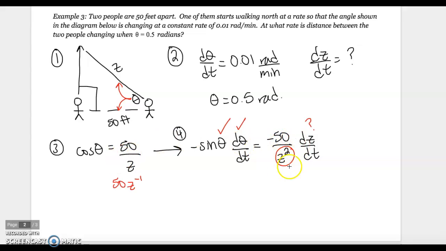And so before we even plug anything into this derivative, I'm going to use this original function to figure out what our original z value was. So if I know that cosine of theta equals 50 over z, cosine of my theta at that time, which was 0.5 radians, would have to equal 50 over z, and then you can solve for z from there. If you multiply it by z on both sides, and then divide by that cosine, you'll be good to go.